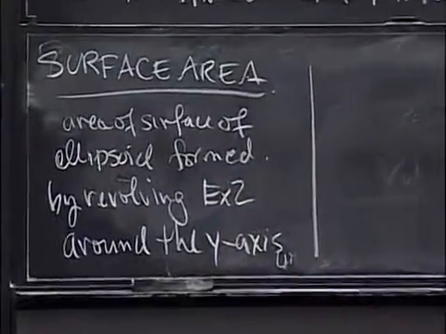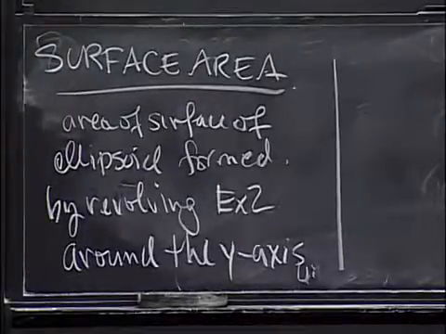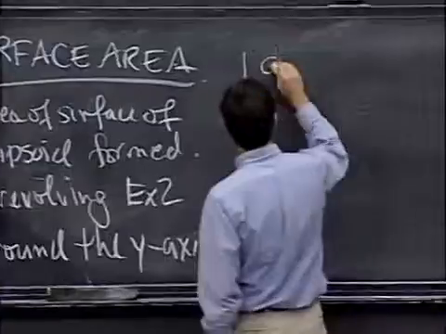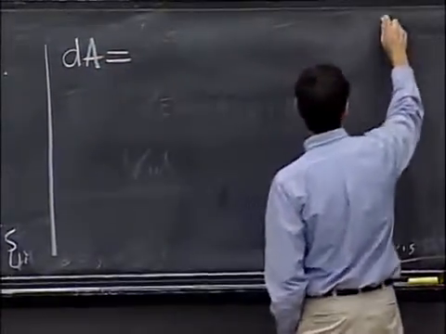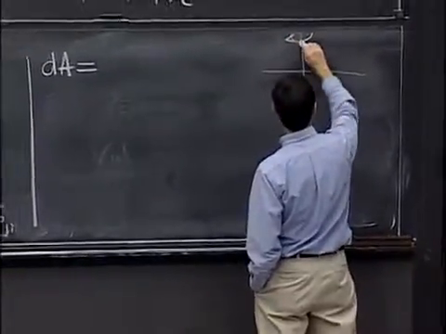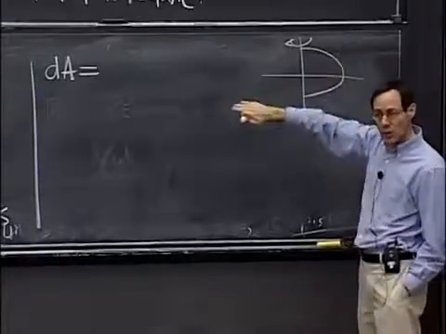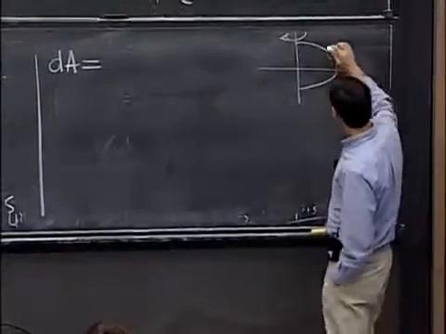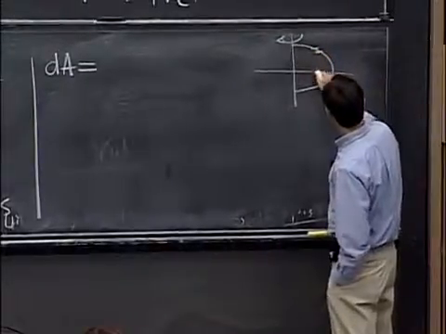All right, so I want to set up that surface area integral here for you. Now, I remind you that the area element looks like this. If you're revolving around the y-axis, that means you're going around this way, and you have some curve. In this case, it's this piece of an ellipse. If you sweep it around, you're going to get what's called an ellipsoid. And there's a little chunk here that you're wrapping around.